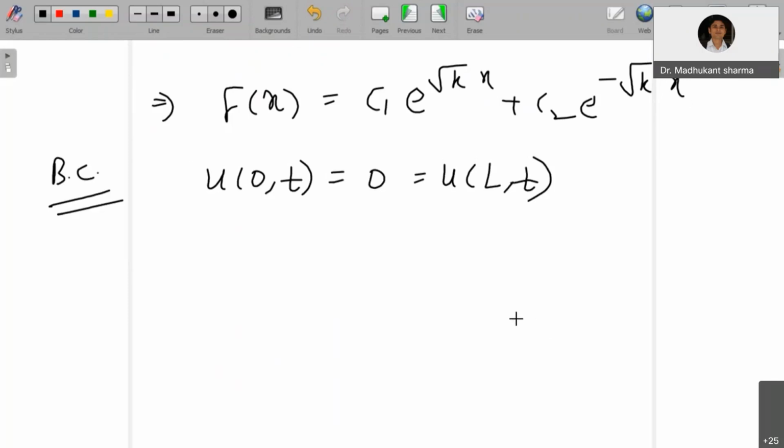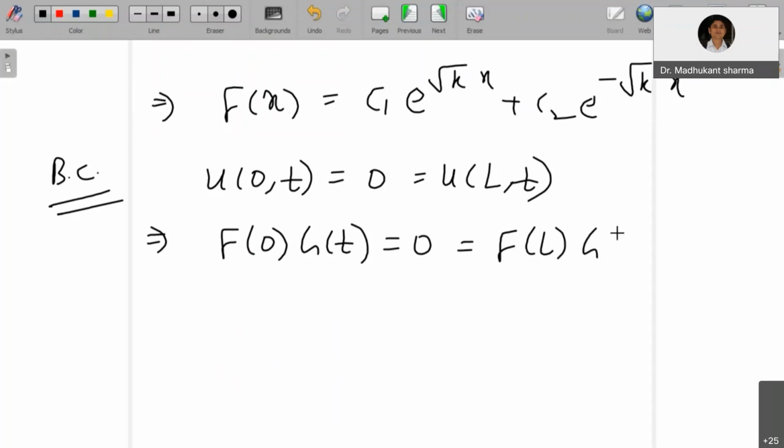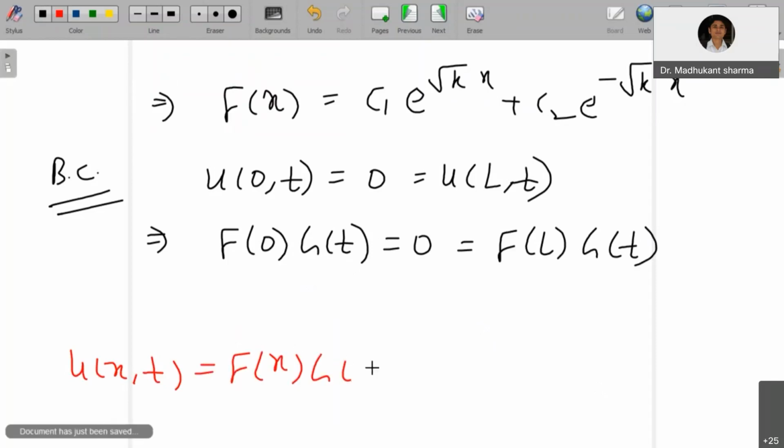This implies f at 0 into g of t is equal to 0, equal to f at L times g of t. Now see, g of t can never be 0. Why? Because you are interested in a non-zero solution again, right? See, u of x comma t is f of x times g of t, right?